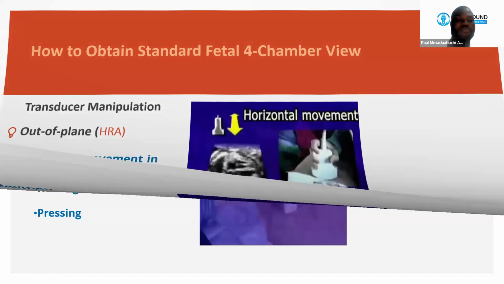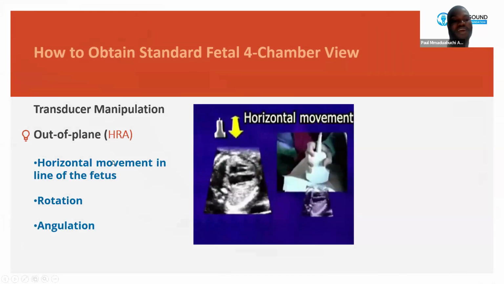In the out plane, you have the HRA, where you have your horizontal movement of the probe. In this aspect, you are moving it to bring the fetus in line, and this can be used to obtain a series of parallel slices, starting with the four-chamber; the transverse views of the great arteries and arches can be obtained.